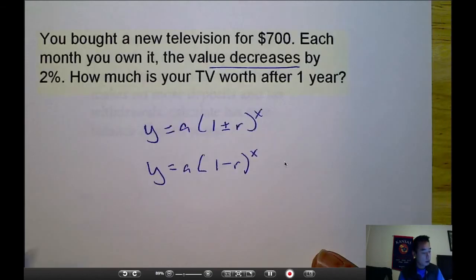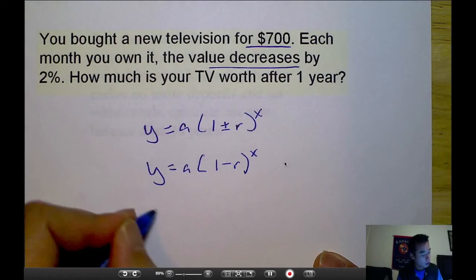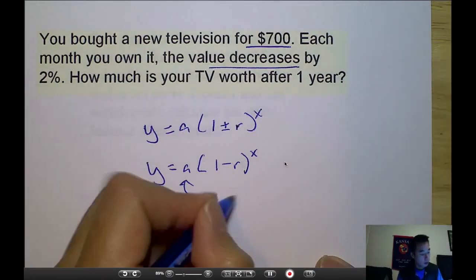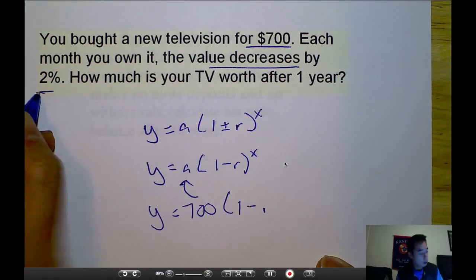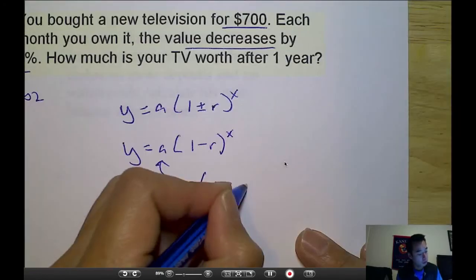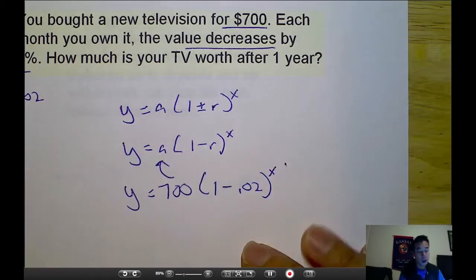That means I just find my initial value of 700. Y is equal to 700, which stands for A, times 1 minus, since it's 2%, 0.02, to the power of x, and there's my function.